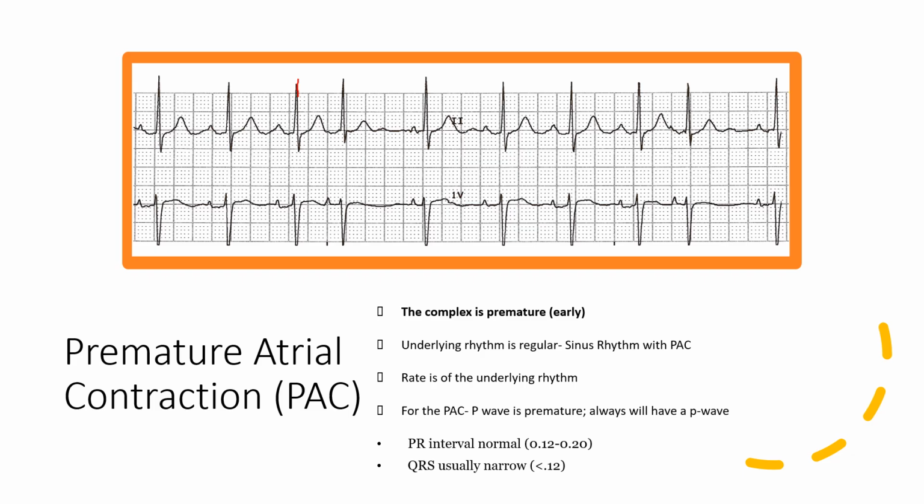If this complex here were to occur at an equal distance from this complex as it did the one before, we would actually march it out, and this complex here would occur a little bit later.